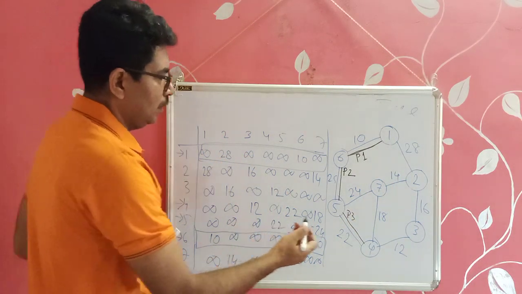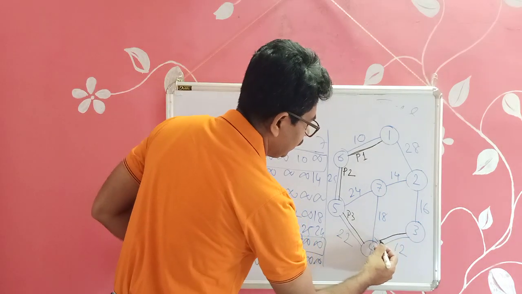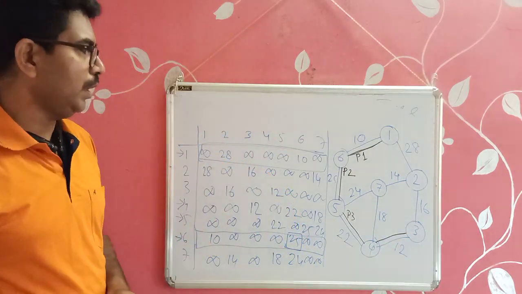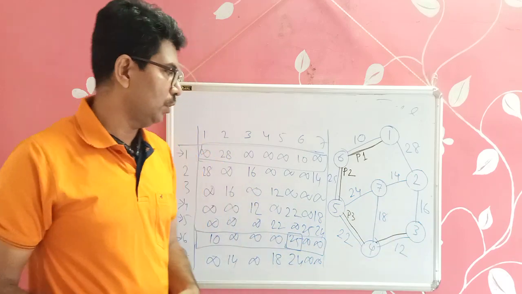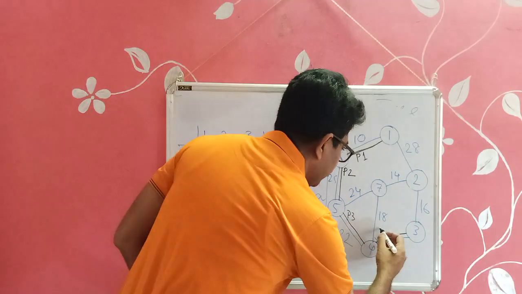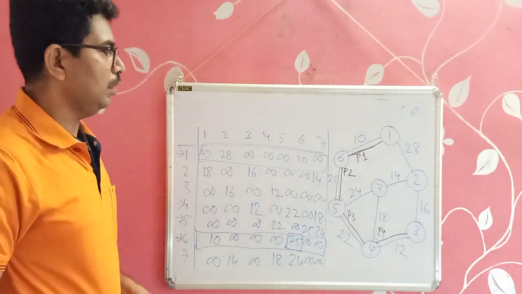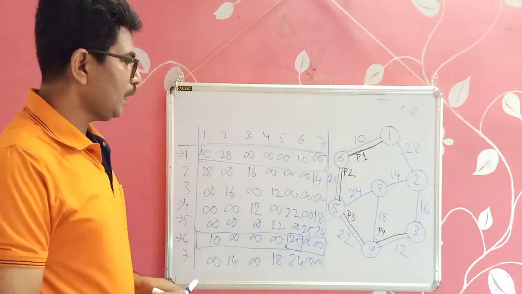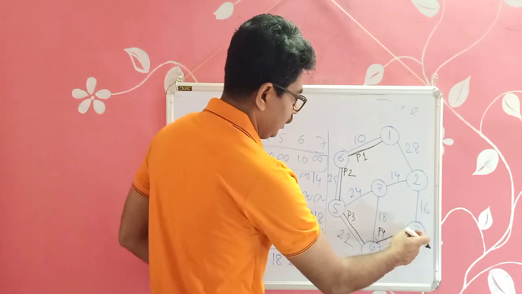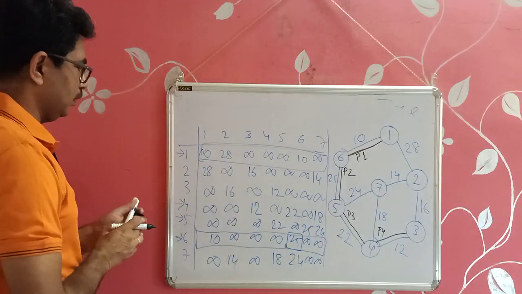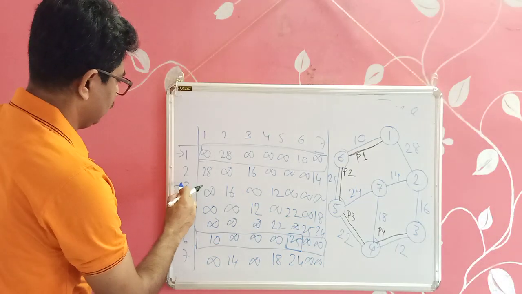So among these, 12 will be selected because this is the minimum one and it has not been selected before. So this is the edge that has been selected by Prim's algorithm in the fourth step, right? So whenever we have selected this edge, 3 has been connected with the previous spanning tree, right?